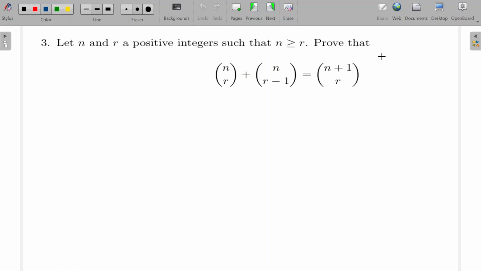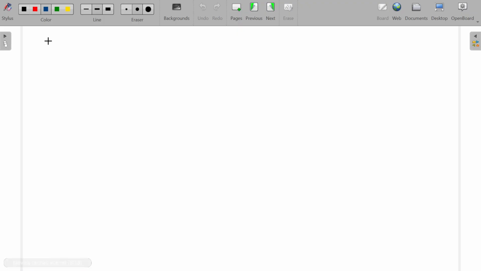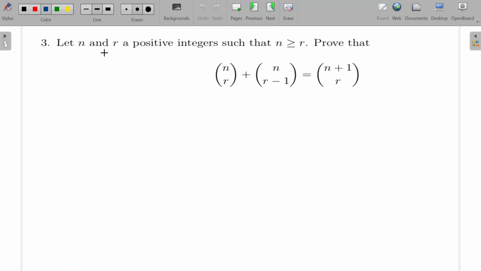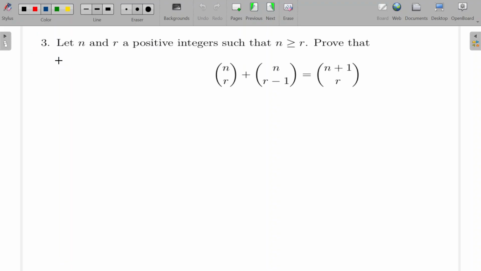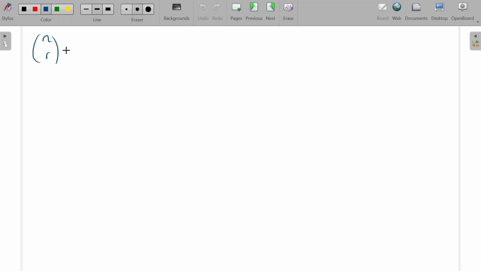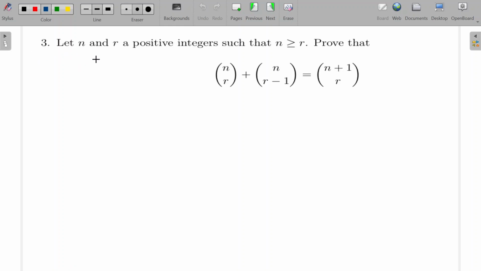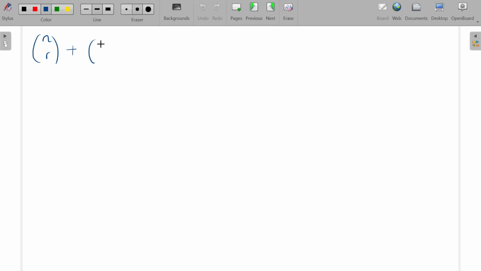Okay. So when you're solving this question, you have your question, which is 3. We have n combination r plus n combination r minus 1.